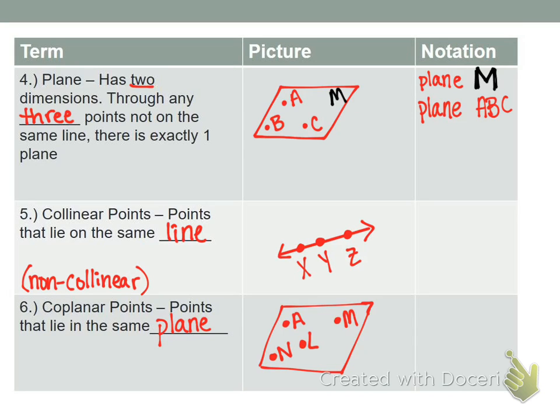Could be 4, 5, 6, 10. Doesn't matter. They're all inside that same plane. Similarly, we could talk about the word non-coplanar, which would mean that they do not lie in the same plane. Non-coplanar, not in the same plane.